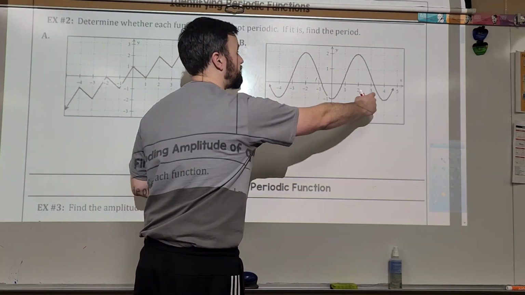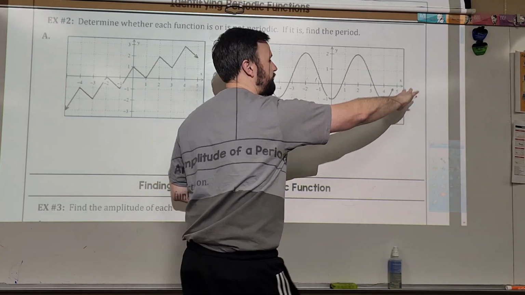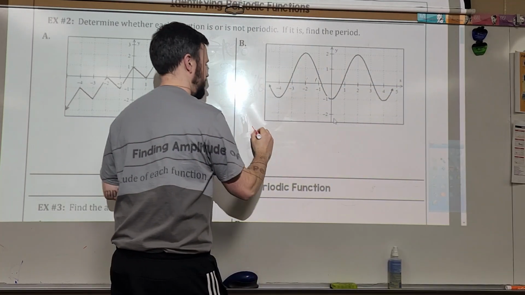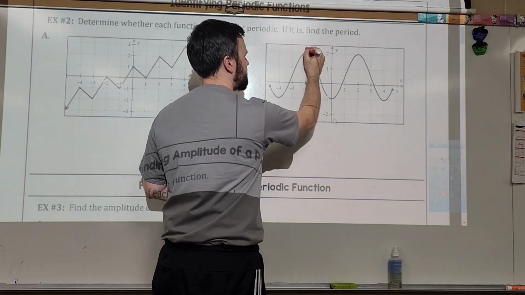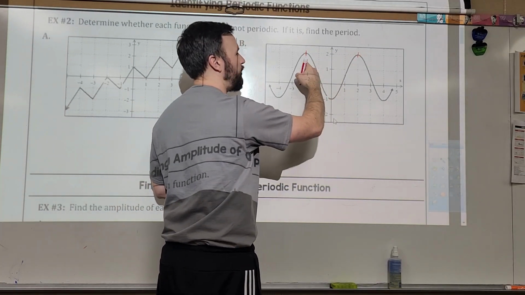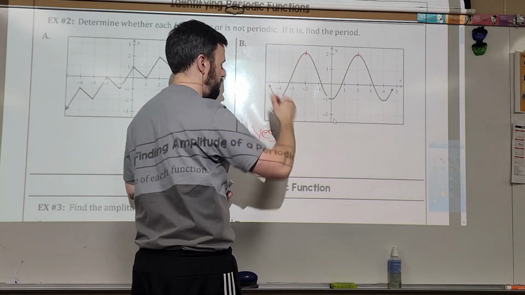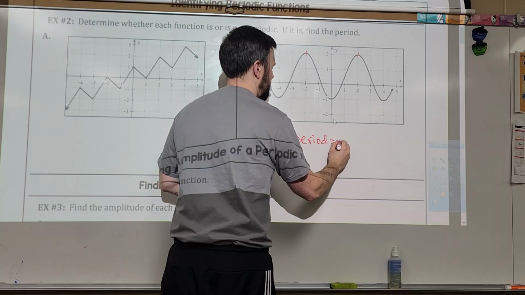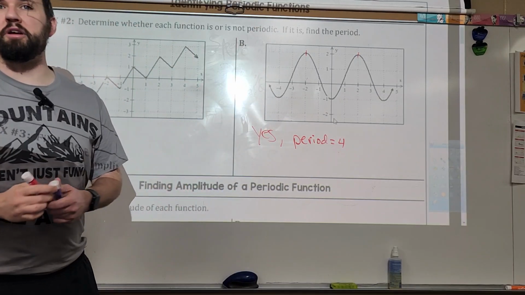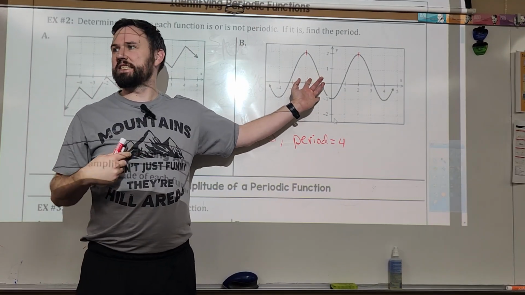So for this one, does this one oscillate and stay within its realm? Yes. And what's my period on it? What's the distance from one peak to another peak? 4. My method for period is I always look at the peaks. That's just how I do it.